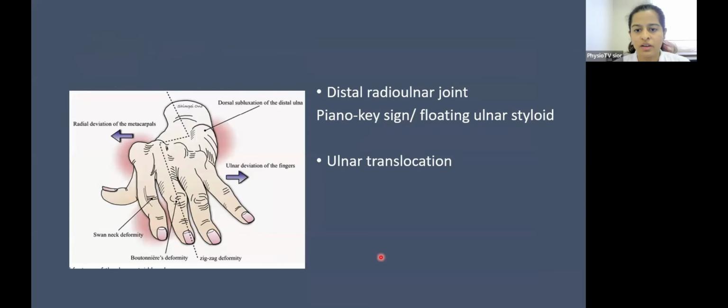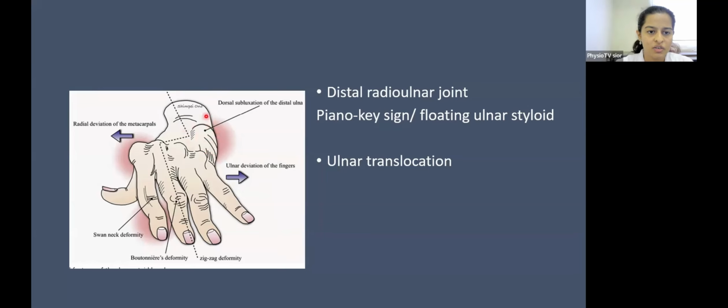At the distal radioulnar joint, we can see that there is a dorsal subluxation of the distal ulna. This is because the distal radioulnar ligaments and the TFCC are getting affected or injured or ruptured. So there is dorsal tenosynovitis of the sixth extensor compartment, that is the extensor carpi ulnaris tendon, whose function is basically to extend and ulnarly deviate the wrist and provide stability to the wrist.